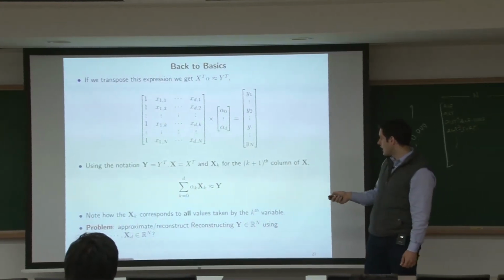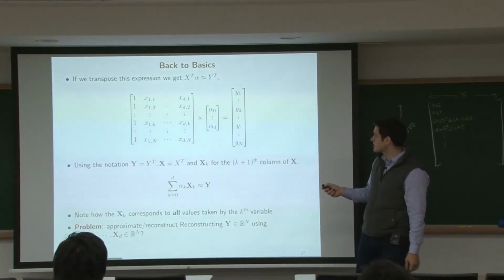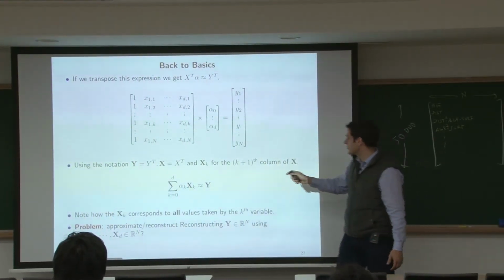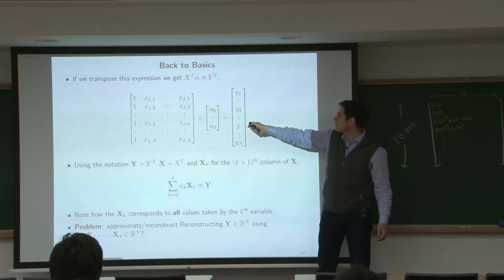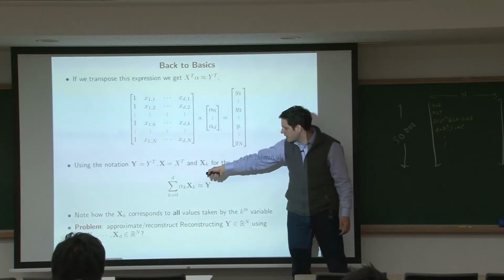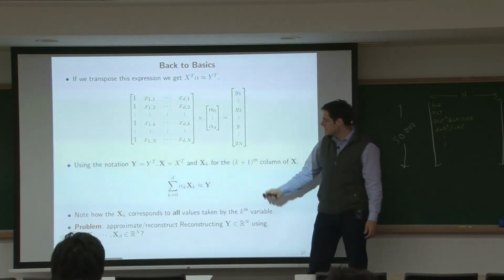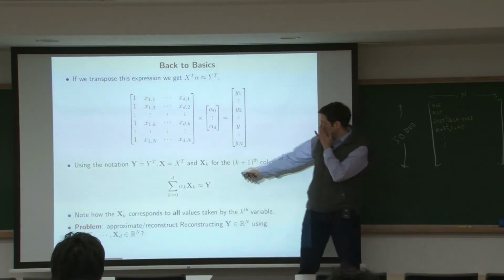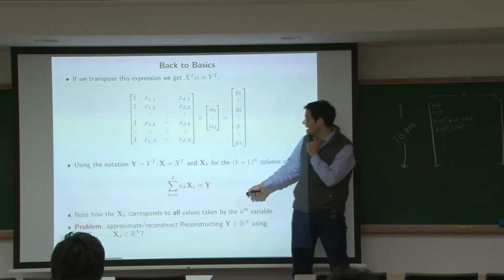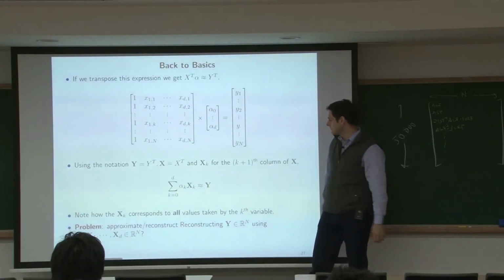I'm just switching notations here. I think it's a good idea because otherwise it will be a bit problematic to carry on with all those transposes. So this is a boldface y and boldface x, and I'm just writing y boldface is equal to y transpose and x boldface is equal to x transpose. So basically this is the matrix boldface x, boldface y.